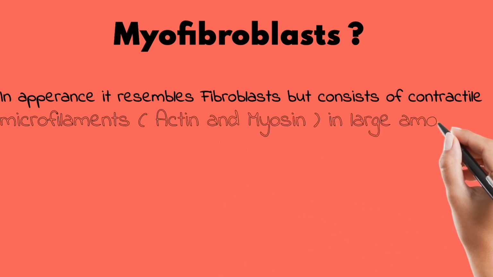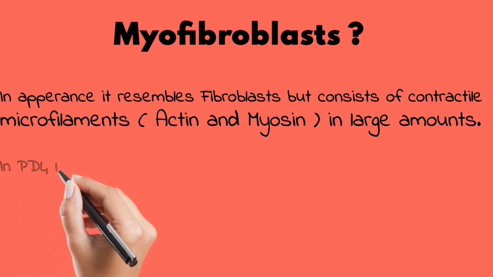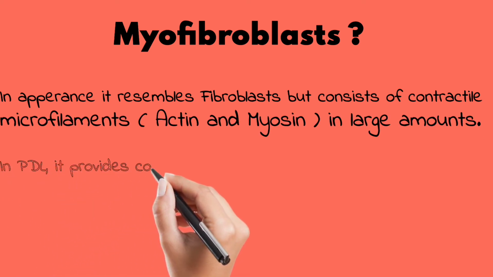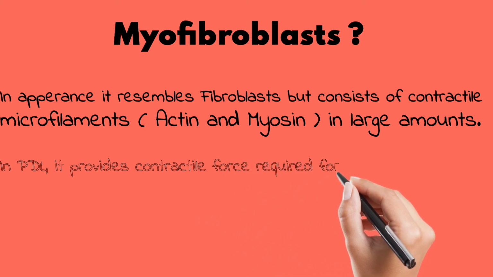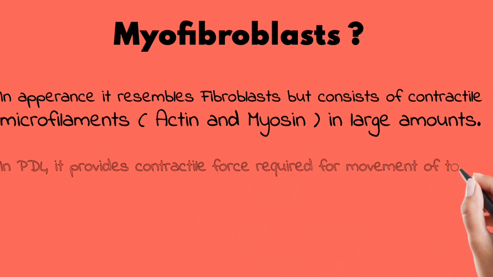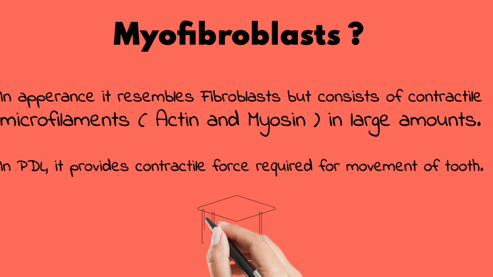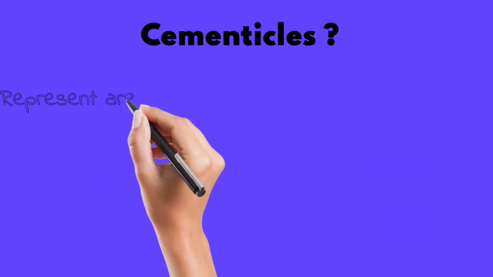Both properties are present in this myofibroblast. They are contractile cells and play an important role in morphogenesis, organogenesis, inflammations, wound healing, and fibrosis in most organs and tissues. In the periodontal ligament, it provides contractile force which is required for the movement of the teeth.